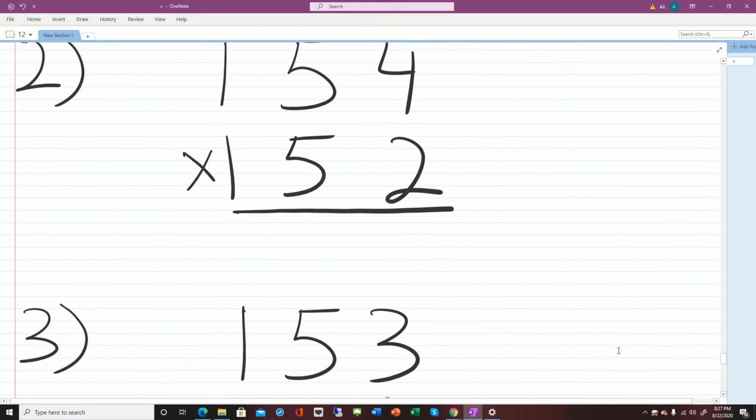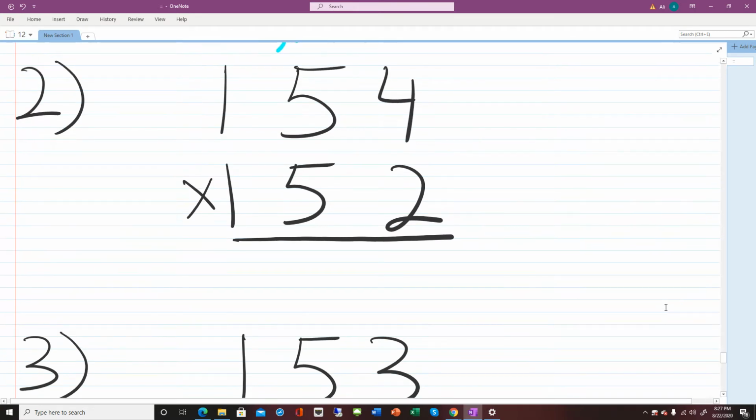So now we have 154 times 152. Okay, so step 1, 15 times 15, 225. Okay, now cross multiply and add, so 15 times 2 plus 15 times 4. So that's 15 times 6. Okay, so that's 15 times 3 doubled, so 45 times 2 is 90.